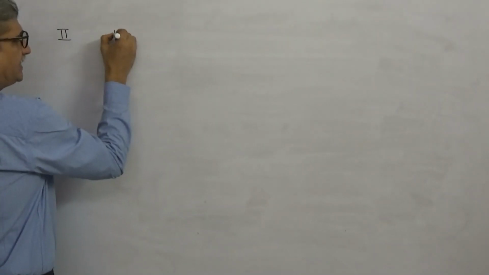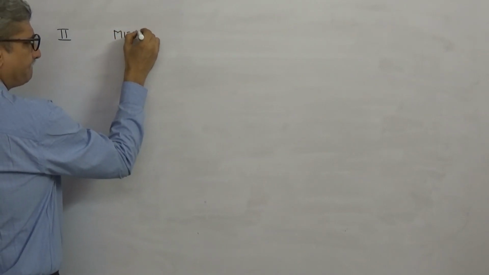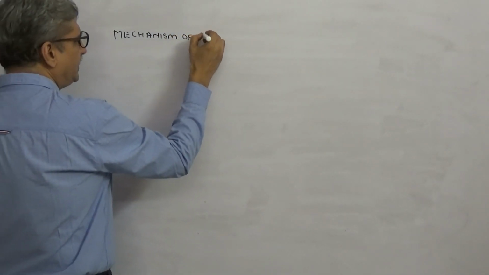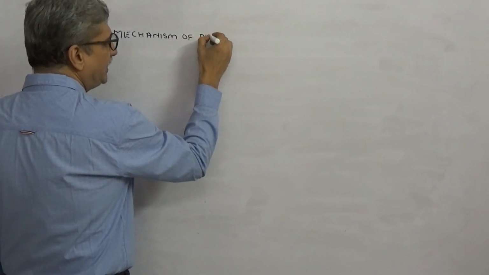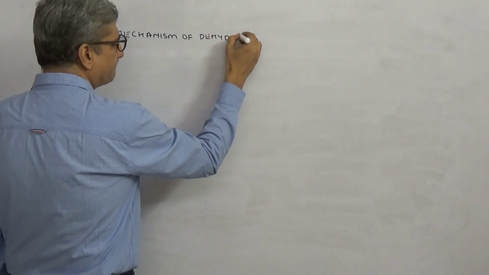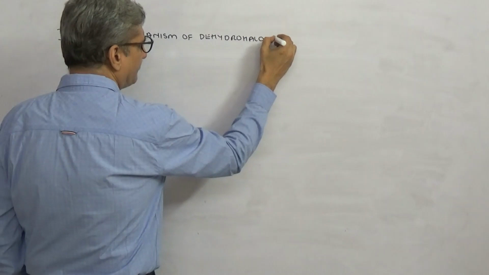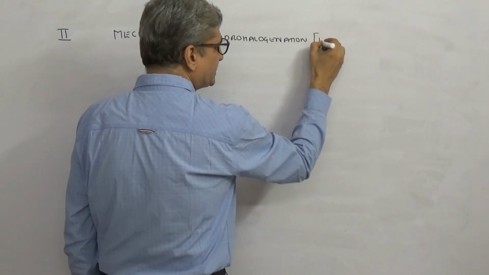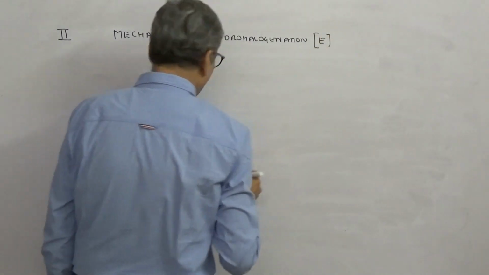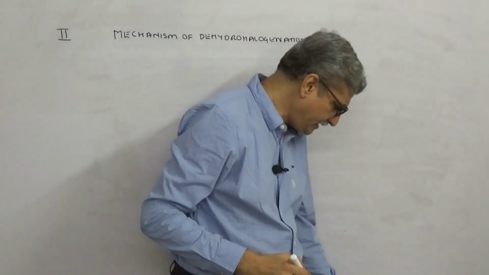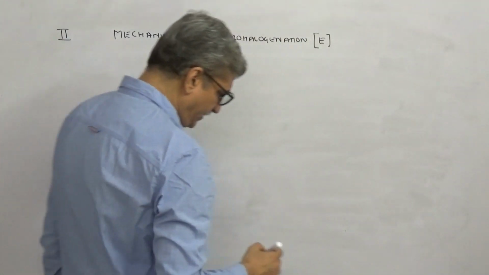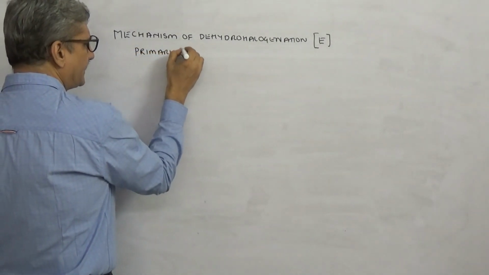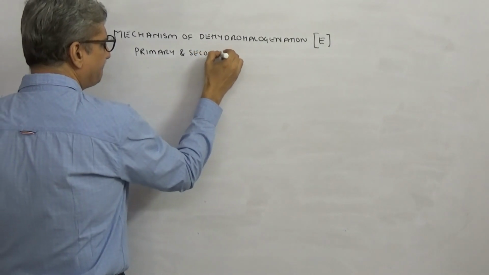Is this clear? Now the mechanism of dehydrohalogenation. This is called the E mechanism because it is elimination. In the case of primary and secondary alkyl halides, you will have the E2 mechanism.